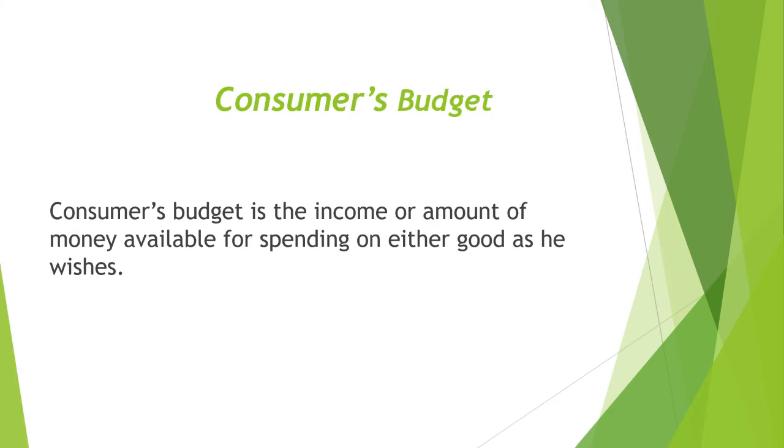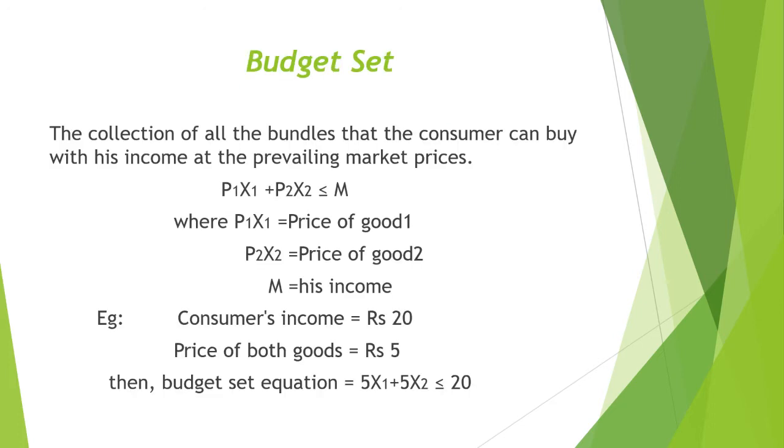Consumer's budget. It is the amount of money available for spending on either good as he wishes. If I have rupees 100 to spend on apples and oranges, this rupees 100 is my budget. The next one, budget set.